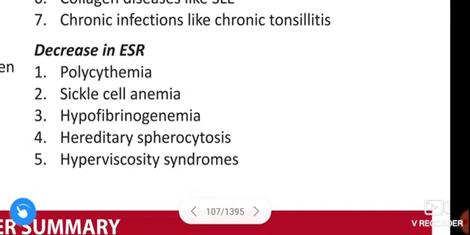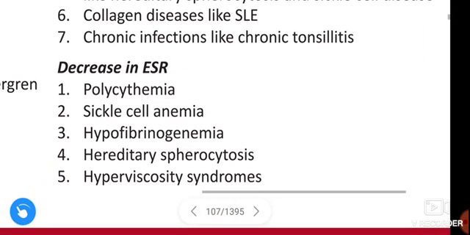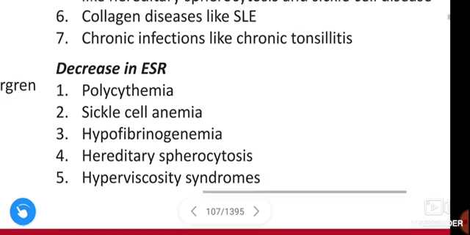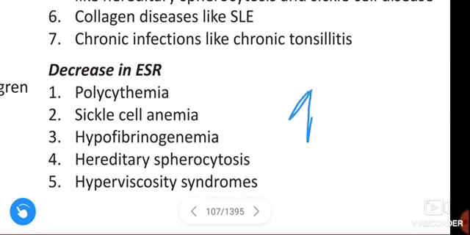Next, what are the pathological conditions that decrease erythrocyte sedimentation rate? Polycythemia. In polycythemia, increase in cell mass increases the viscosity, and increase in viscosity decreases the erythrocyte sedimentation rate.